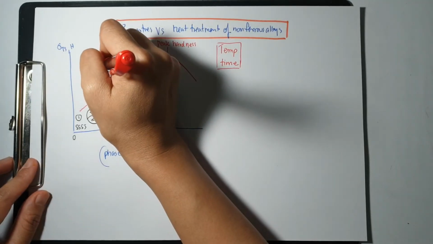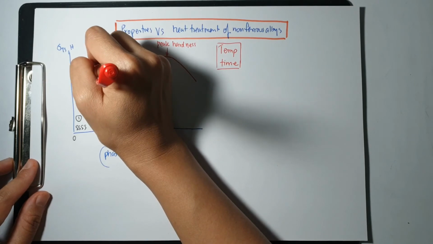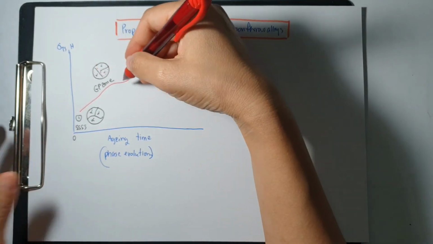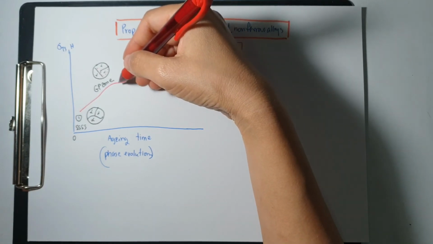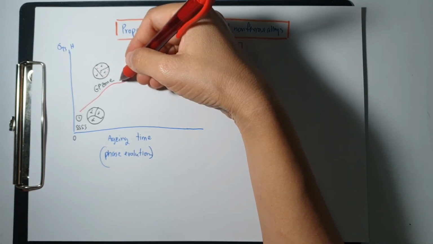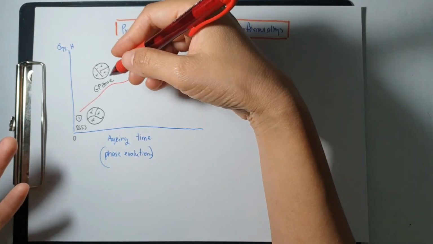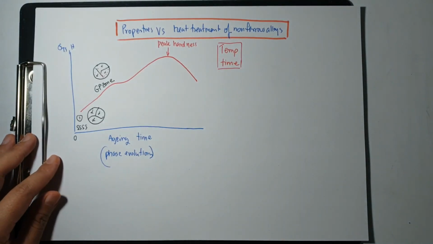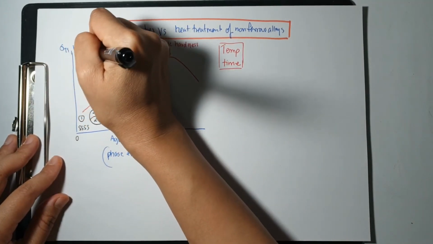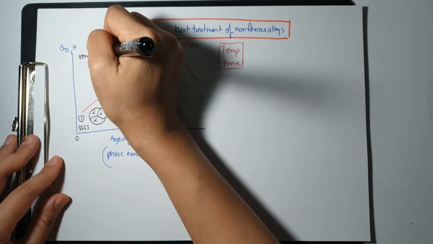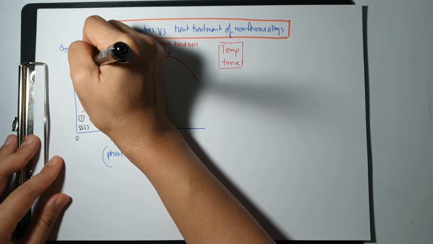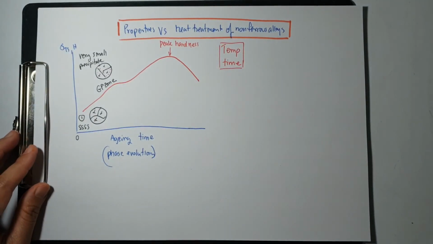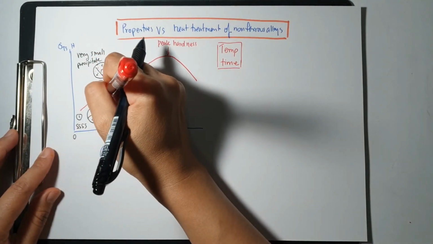And as the copper atoms diffuse to get together, it will form the feature called GP zone. But the GP zone does not have exact composition. It's very small. So this very fine precipitate is still in the stage of under aging.